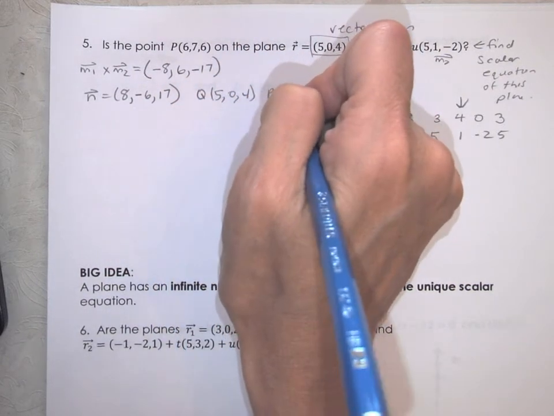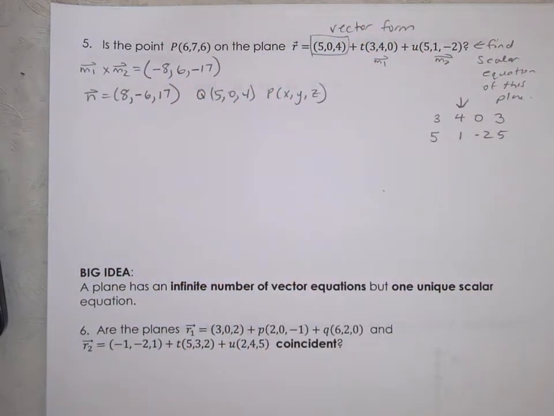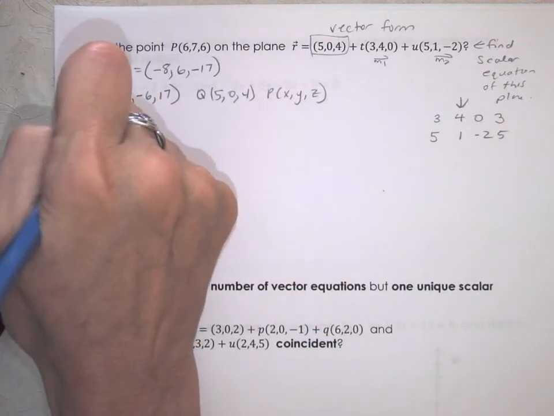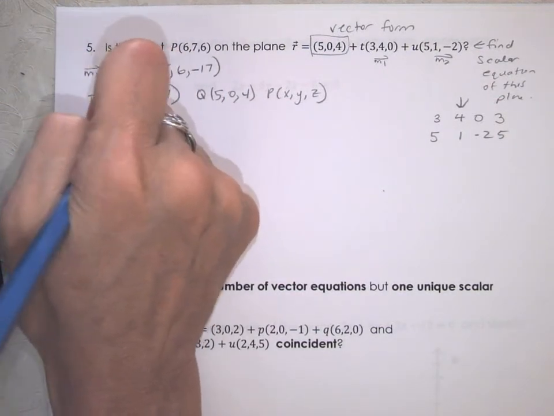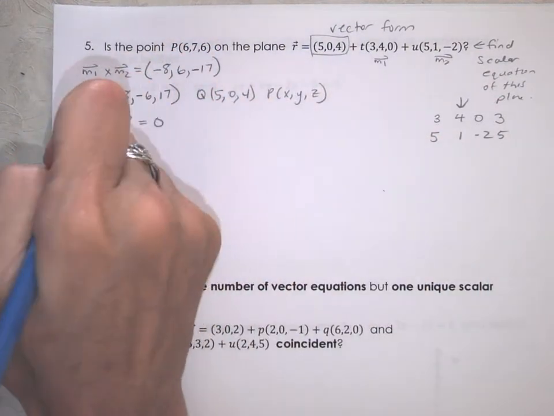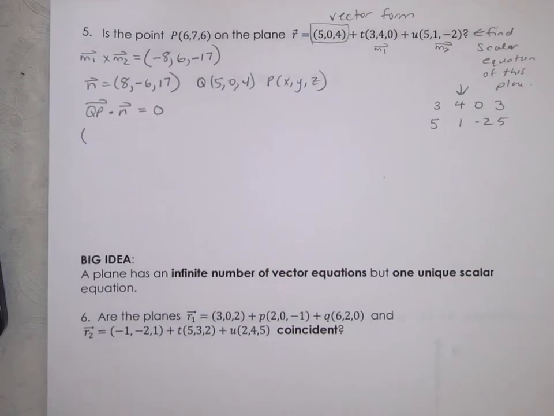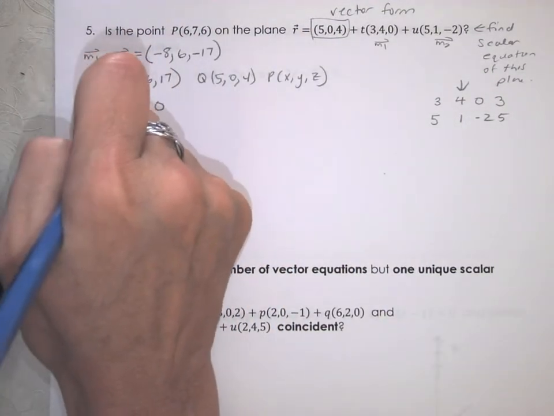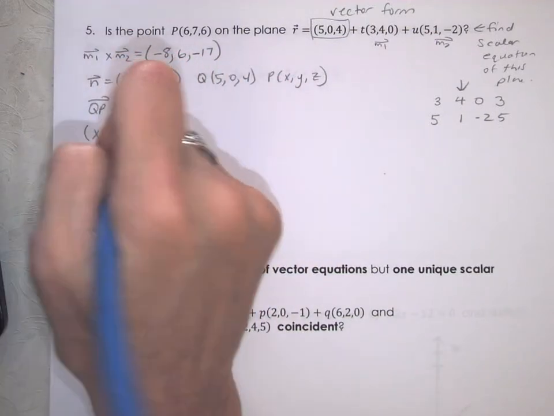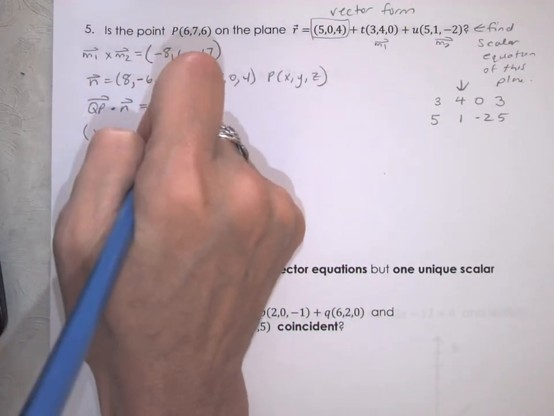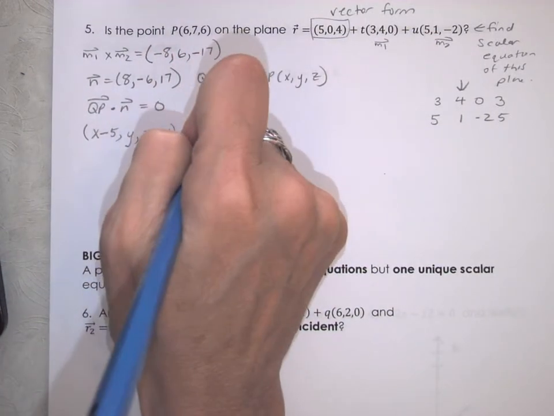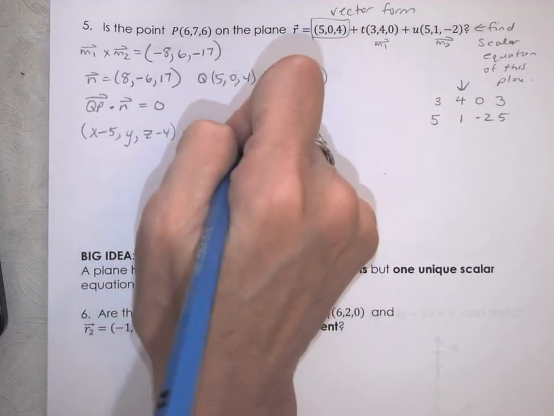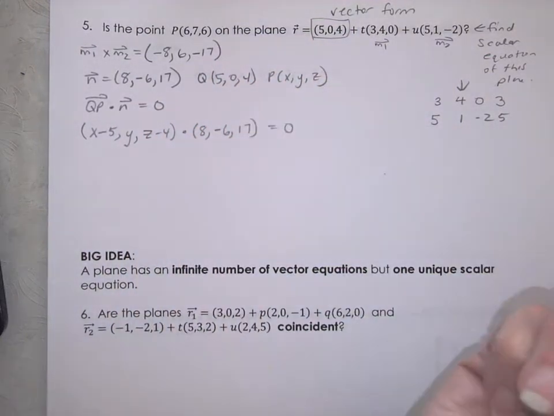And our general point is x, y, z. So we're going to find the scalar equation by doing QP dot n equals 0. Vector QP is going to be x minus 5, y, z minus 4, dotted with our normal 8, negative 6, 17 equals 0.